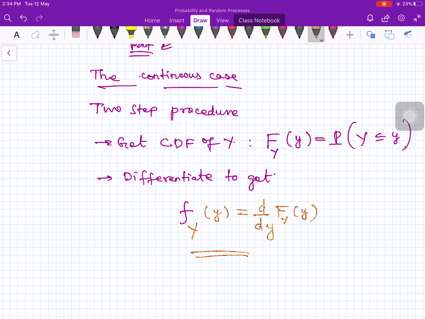So this is the two-step procedure, called a cookbook procedure. Whenever you are involved in derived distributions for a continuous random variable, follow these two steps. The first is to get the CDF of the random variable Y, and then differentiate to get the probability density function of Y.